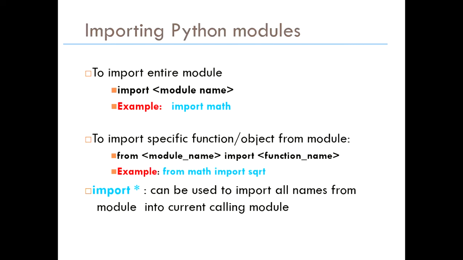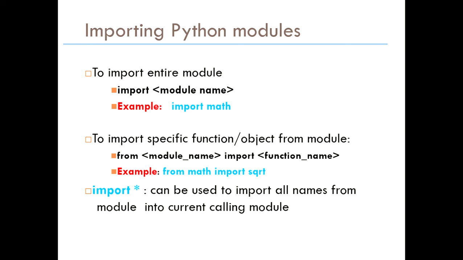Importing Python modules. To import an entire module, write import, then the module name. Here import is a keyword. For example, import math. We are importing the math module here.